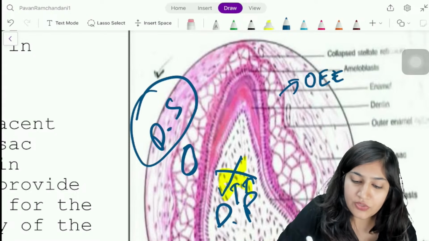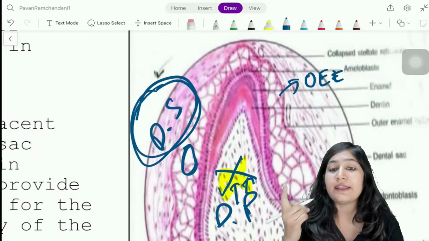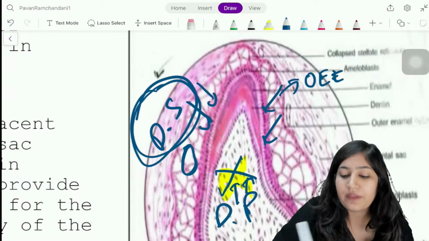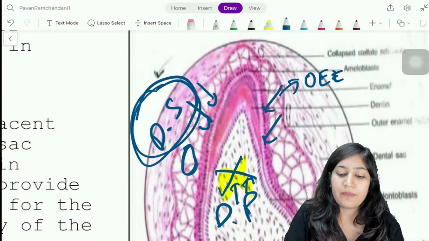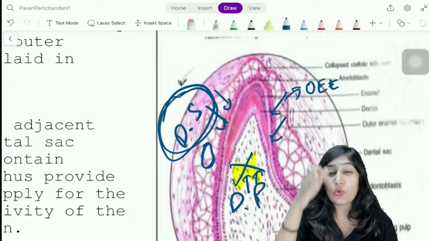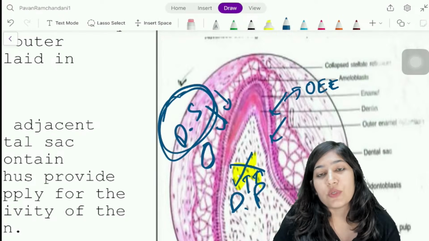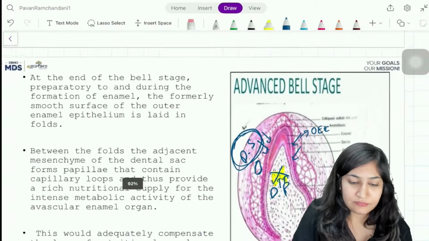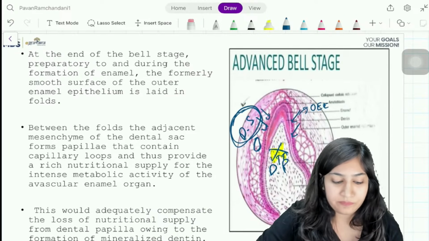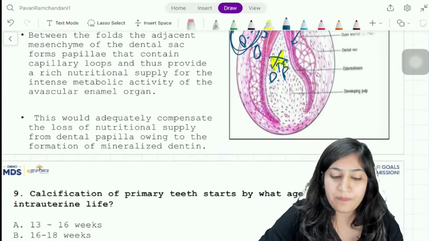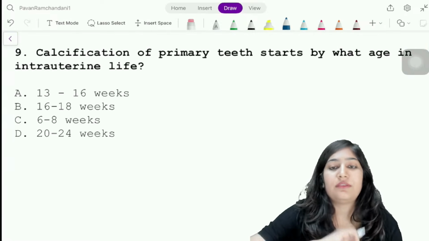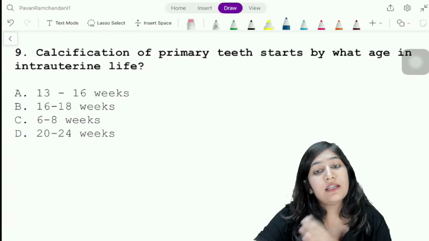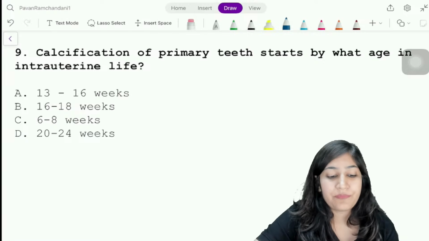So initially from dental papilla and then from dental sac, and this dental sac will provide nourishment to the cells with degeneration of stellate reticulum, and the outer enamel epithelium will be laid down in folds so that nourishment can properly reach the cells. Right? So dental sac is also very important, but it is mainly active after the advanced bell stage in providing nourishment.